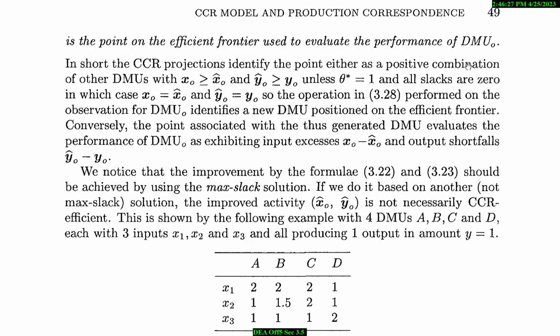Indeed, the CCR projection identifies the point either as a positive combination of other DMUs with this relation, and when theta star is 1 and the slacks are 0, this CCR projection is the DMUO.